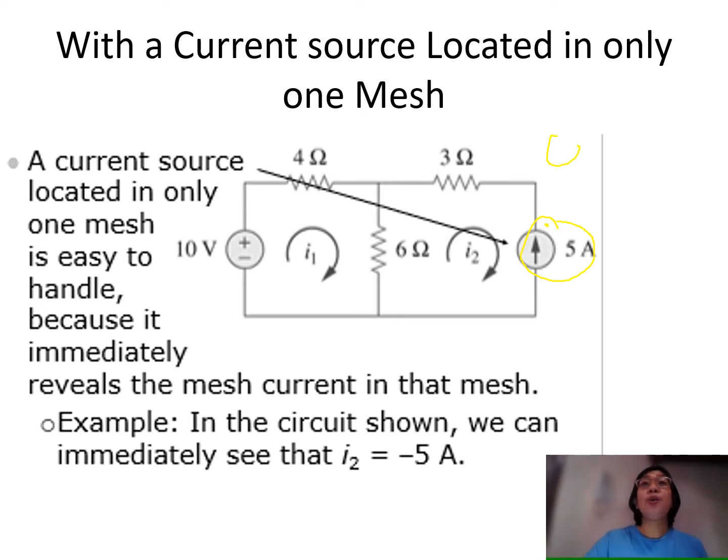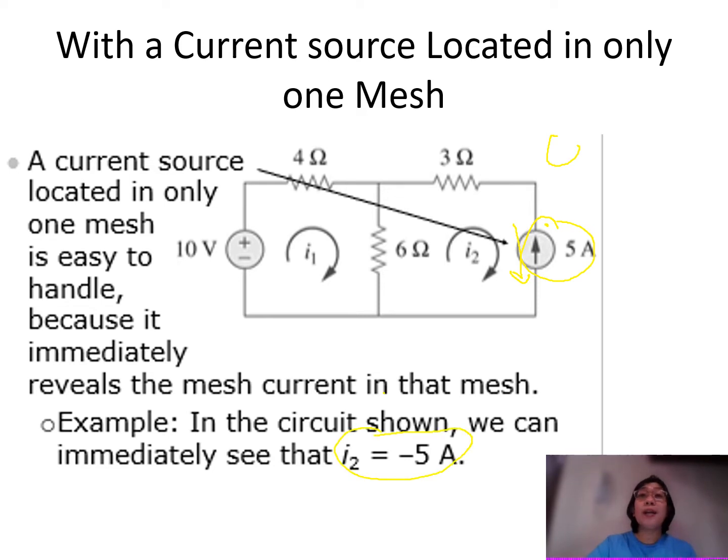The only thing you have to find out is whether they have the same direction. For this example, your I2 is flowing in this manner, which is opposite to the direction of your current source. Therefore, in this circuit, we can immediately say that your I2 is equal to -5. Why -5?